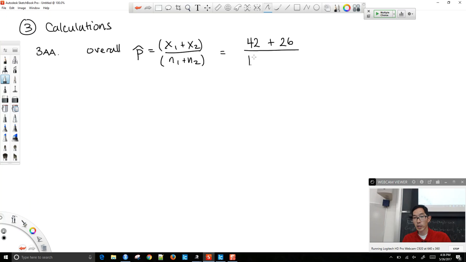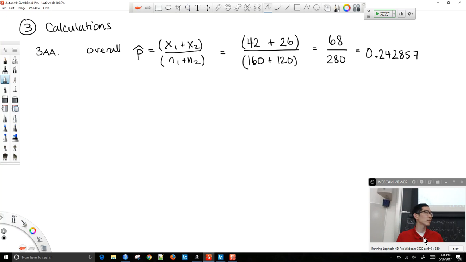And we're going to divide by sample size 1, 160, plus 120. Okay? So I get a total of 68 divided by 280. 68 divided by 280 gives me an overall proportion of 0.242857. So that's my overall P hat. Okay. So far so good?